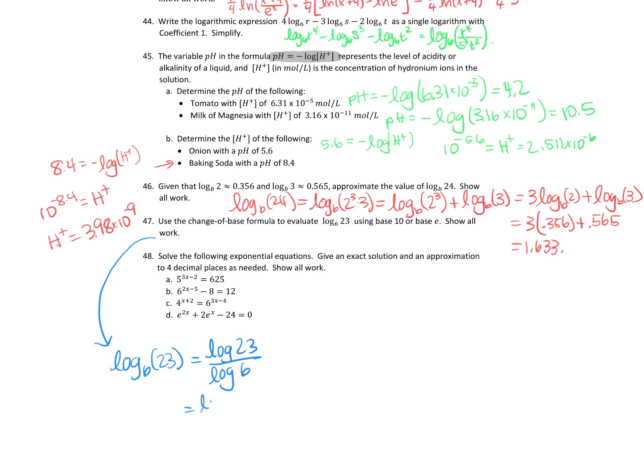Or I could write natural log of 23 over natural log of 6. Either way. So if I plug that into my calculator, that gives me 1.7499.